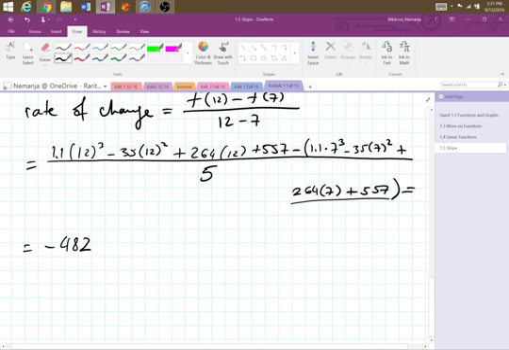Now we are talking about discharges from military for homosexuality. That's problem 29 and 30. And we see this number, negative 482. Now that's the reason why they asked us to round to whole number.